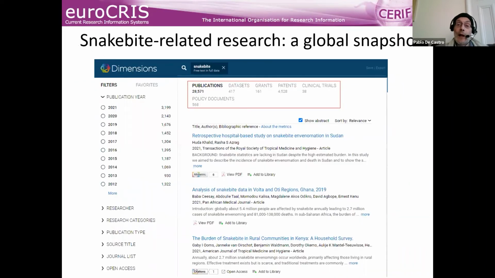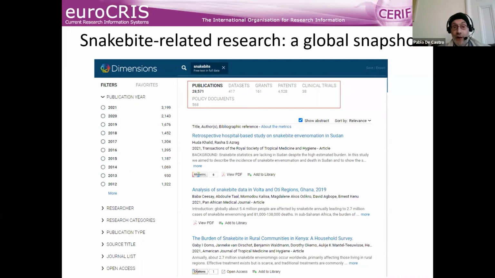If you access this freely available portal and search for snakebite, you can see again a worldwide snapshot of the research activity around snakebite related research, with nearly 30,000 publications, over 400 research data sets, 161 grants, nearly 4,500 patents, 38 clinical trials, and 568 policy documents. This is much wider than just the publications.